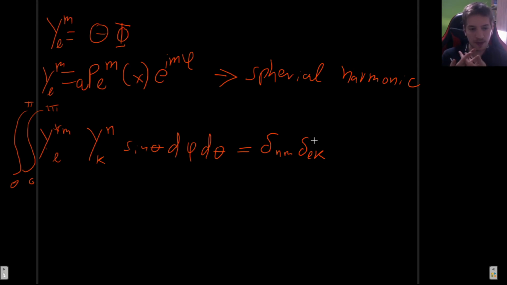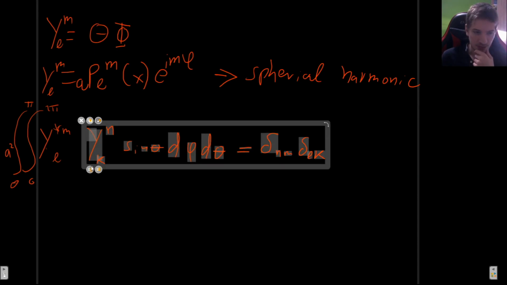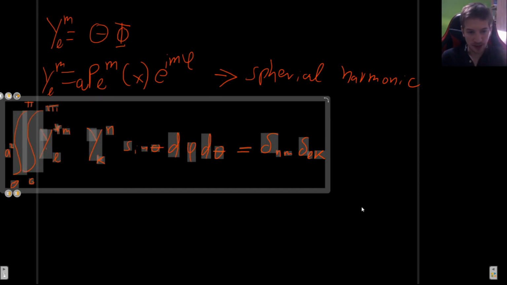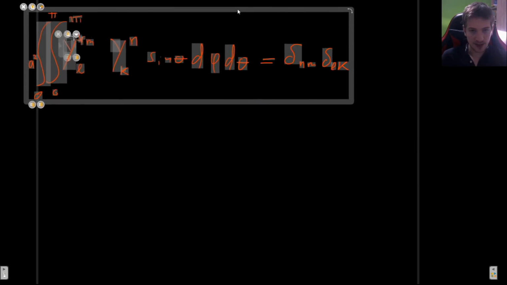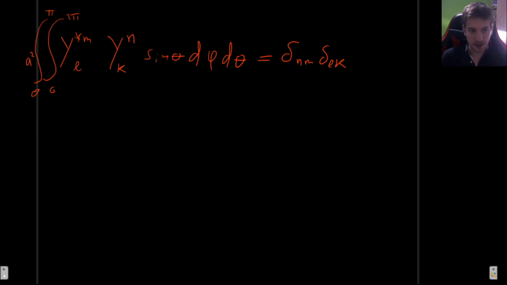If they are in the same state, we want this to be 1, and if they are not, we want it to be 0. And remember, now we have to multiply this by A squared, our constant of normalization. So this is now the final thing that we have to solve in this problem, which is to normalize the spherical harmonics.